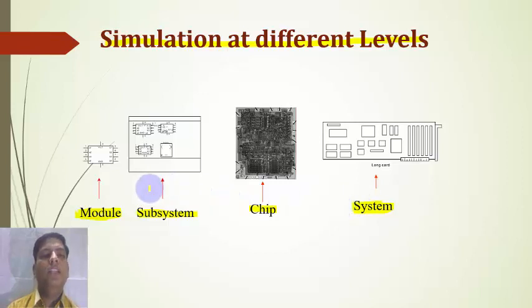So these are the different levels where we require simulation: modules, then subsystem, then chip level and finally the system level. These are the 4 different levels at which we perform simulation.